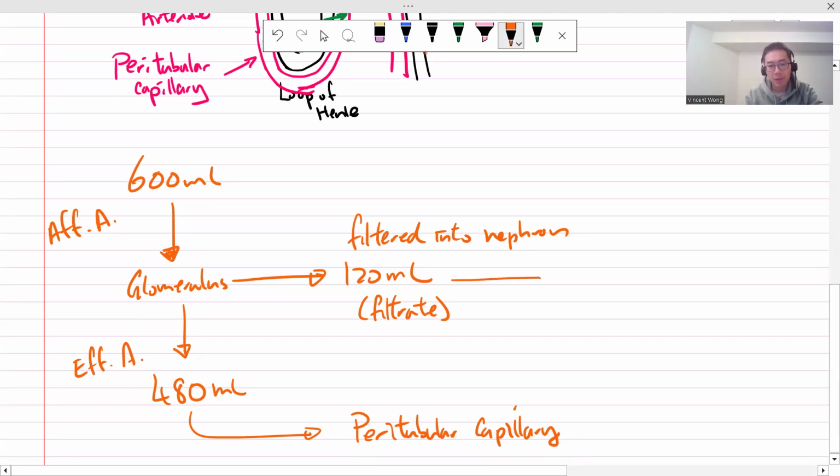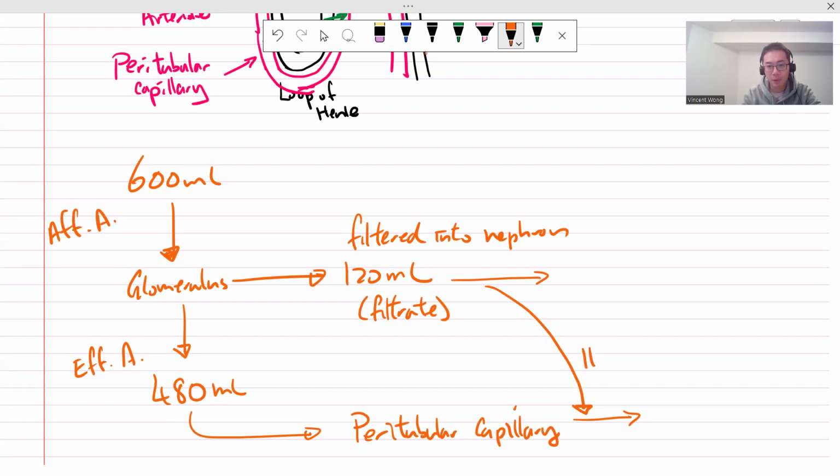And as the filtrate passes through the rest of the nephron, the proximal tubule, loop of Henle, distal tubule, you will take back 119 milliliters, and then you will end up having 1 milliliter of urine. Which makes sense. Otherwise, we're going to dehydrate super quickly, right? So this process is reabsorption.